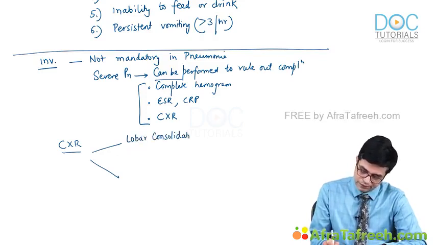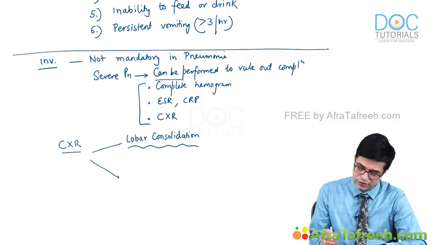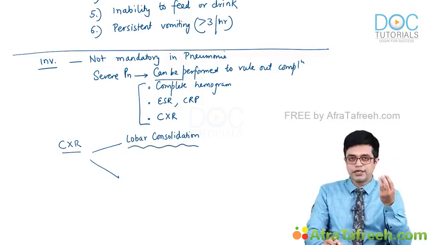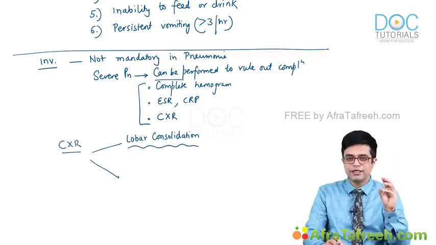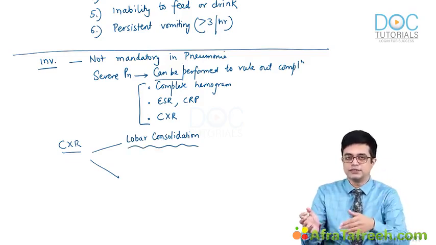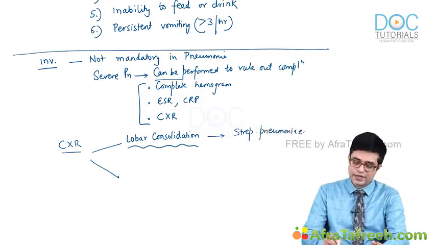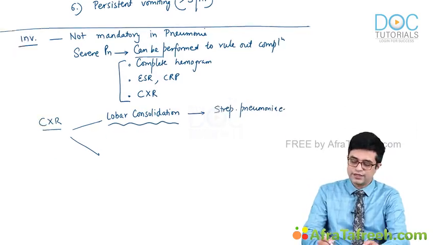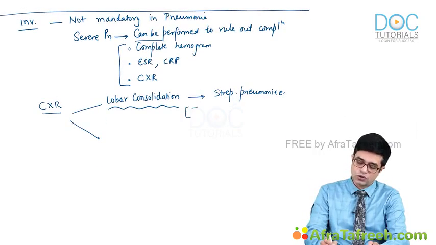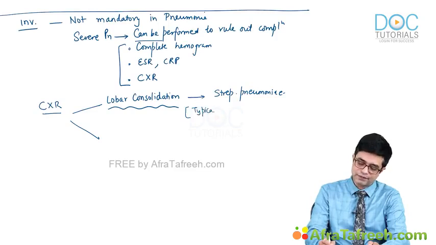These are children who will have a consolidation in the chest X-ray in a specific area or specific lobe more than the others. Lobar consolidation will typically be produced by Streptococcus pneumoniae, or pneumococcus. These pneumonias where there is lobar consolidation are also called typical pneumonias.